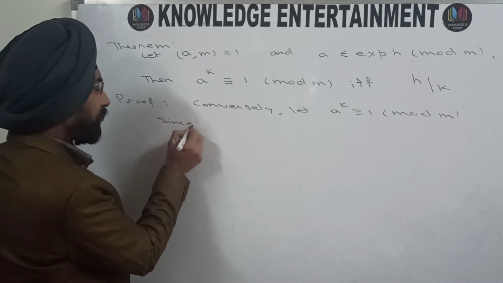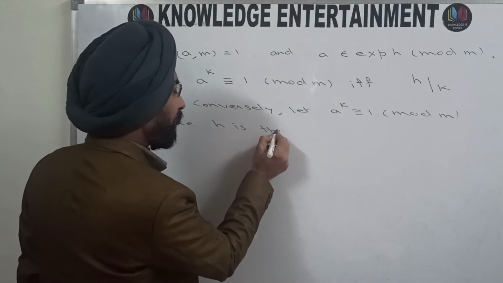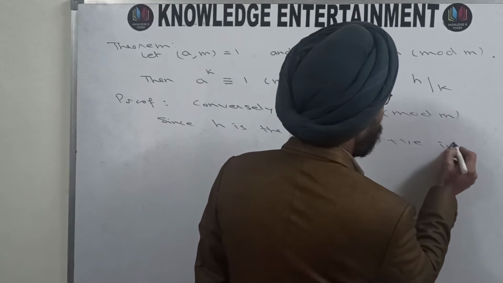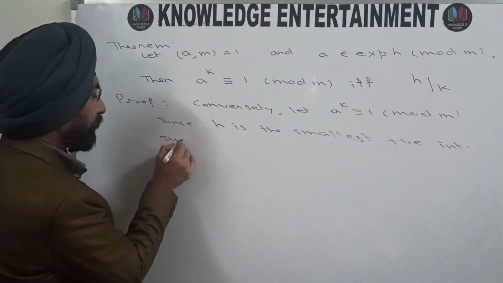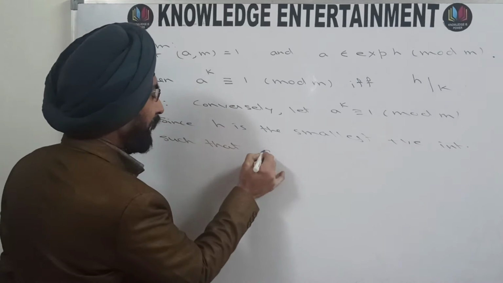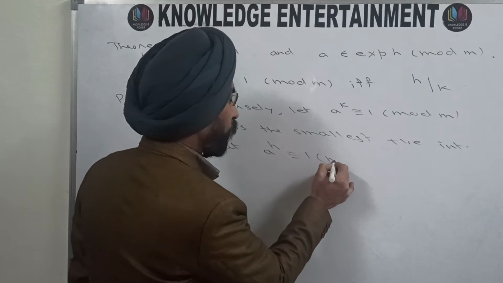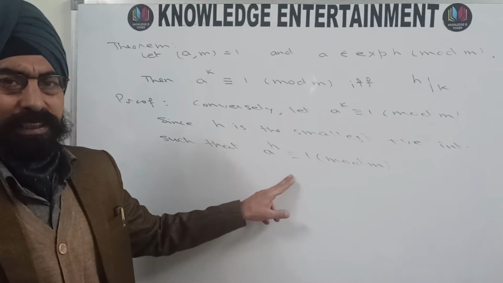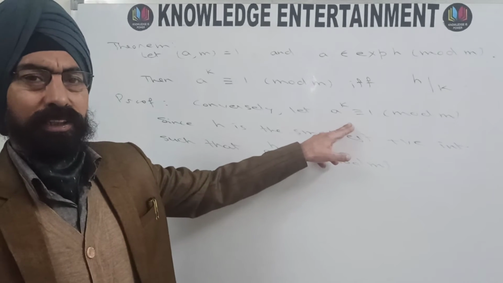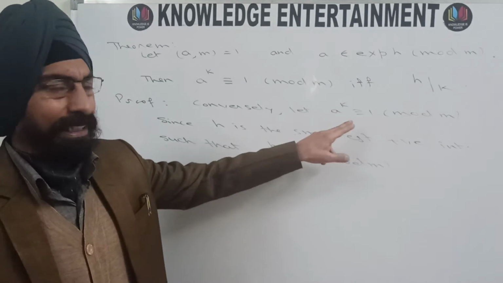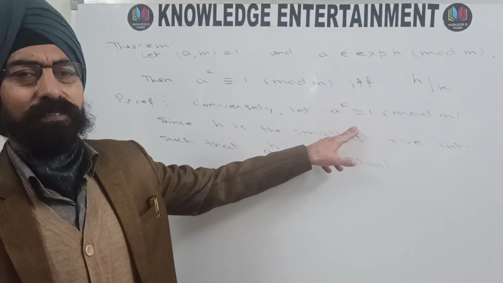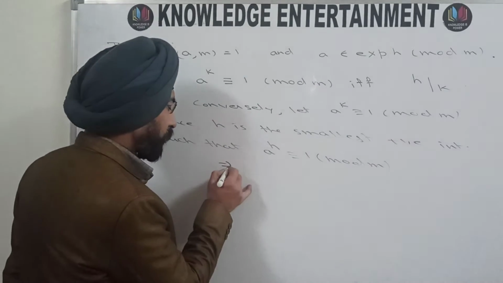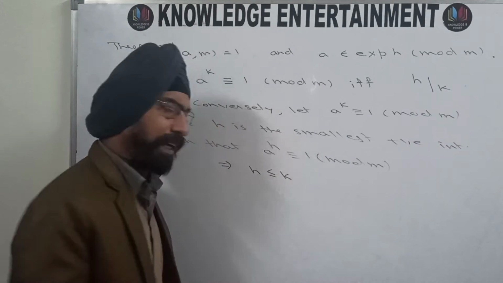Since h is the smallest positive integer such that a raised to the power h is congruent to 1 modulo m, and k also satisfies this condition, h must be less than or equal to k. So this means h is less than or equal to k.